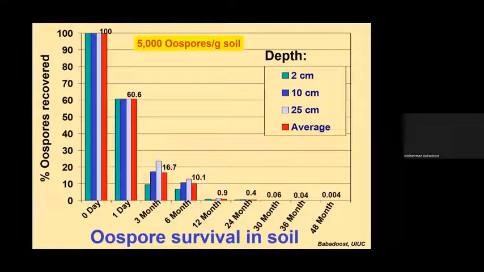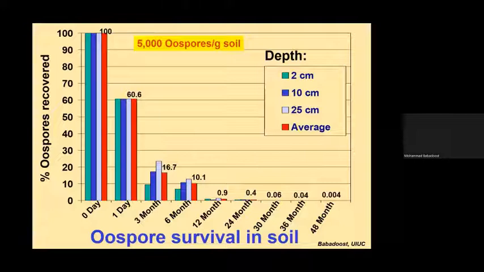meaning that you don't have to have millions of oospores in the soil. Few oospores can initiate disease, then the pathogen will produce sporangia and zoospores, then build up quickly.